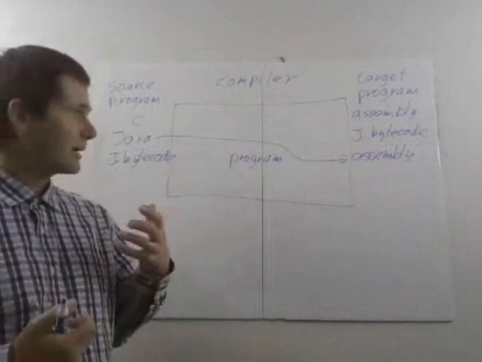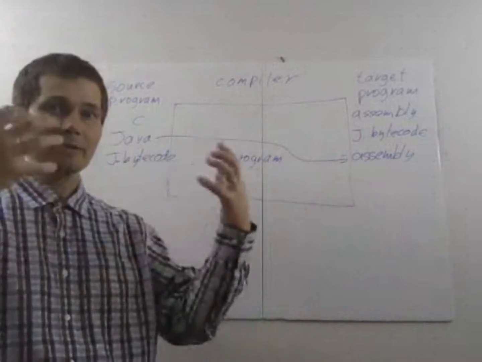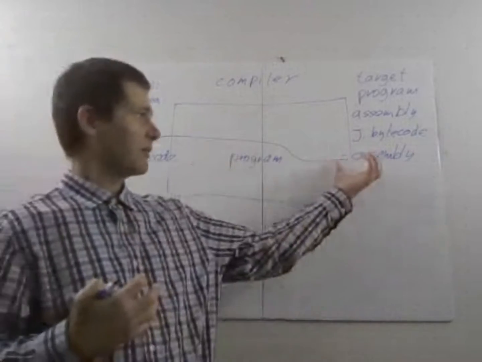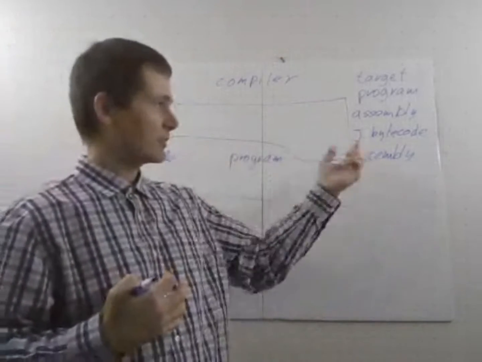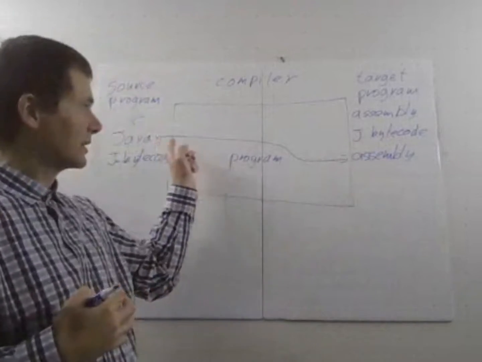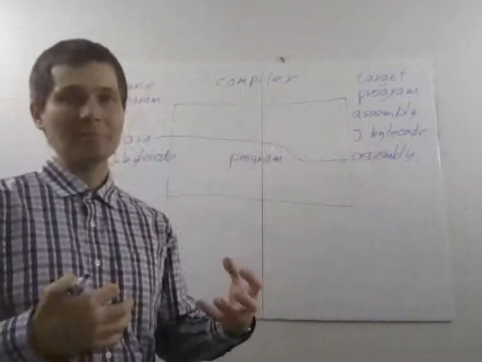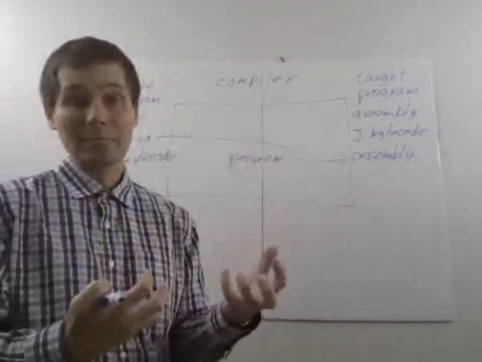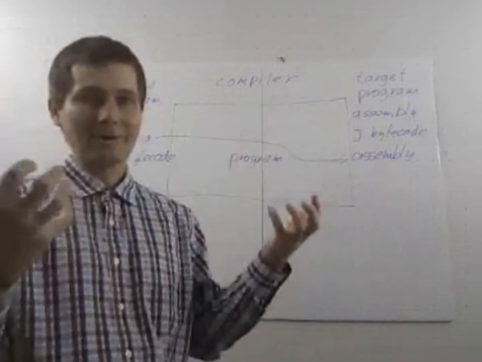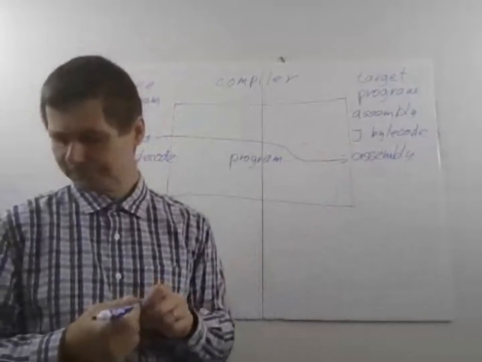I want you to experience writing the whole compiler, including the backend that produces assembly language. That's why we go from Java not to bytecode, but all the way down to assembly language, so that you can practice or experience writing the backend of the compiler.